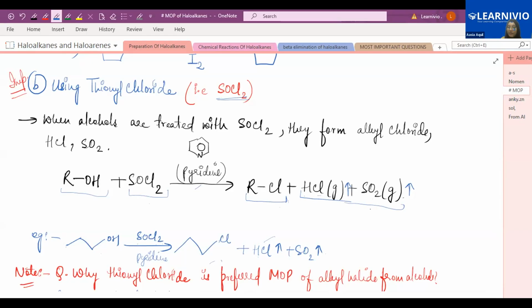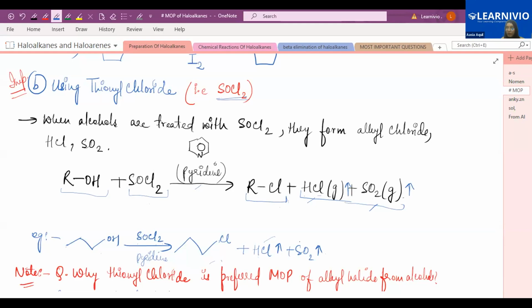Why pure form? Because HCl and SO2, the byproducts in this case, are in the gaseous form. If the byproducts are gaseous, they can easily evolve out, right? So you get the product in a pure form, and there is no need of further purification.